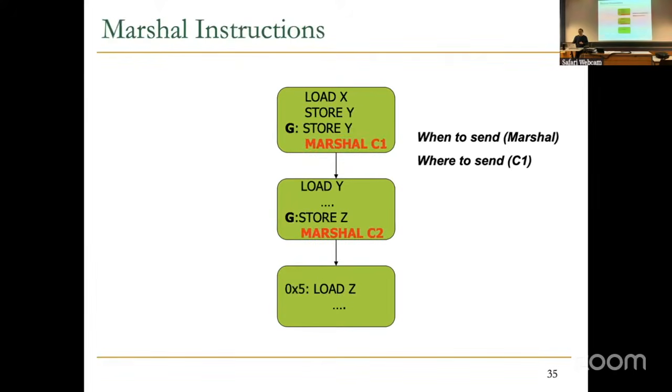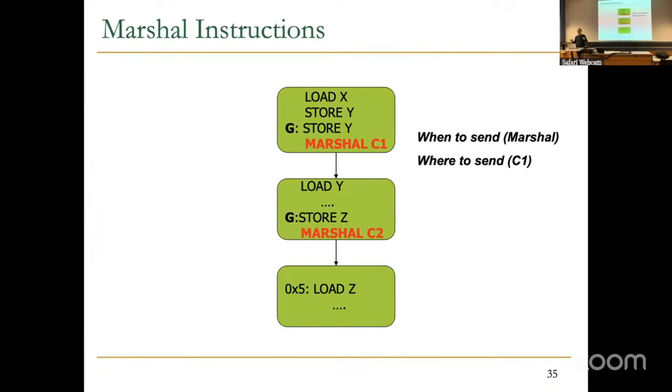Okay. So assuming you've identified these generator instructions, then you can insert Marshall instructions. A Marshall instruction needs to specify when to send. The existence of the Marshall instruction says this is the time to send the data, so you can put it in an appropriate place. It also specifies where to send the data, in this case, core 1. This needs to be some virtualized ID of the core.